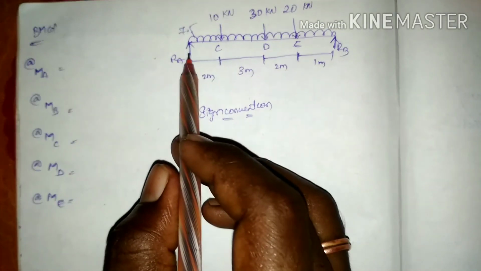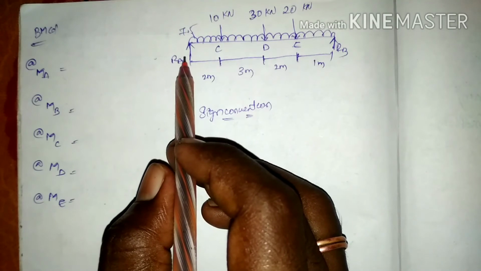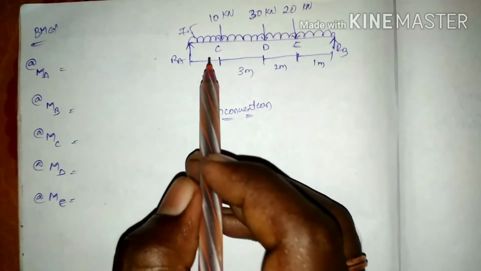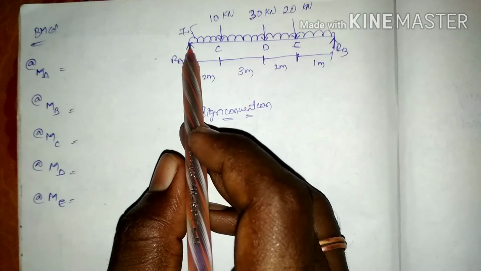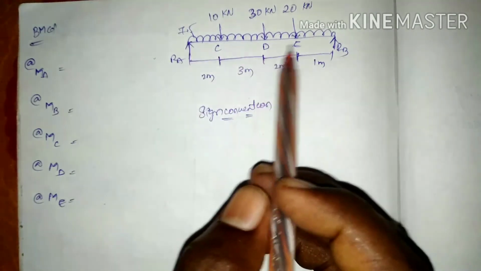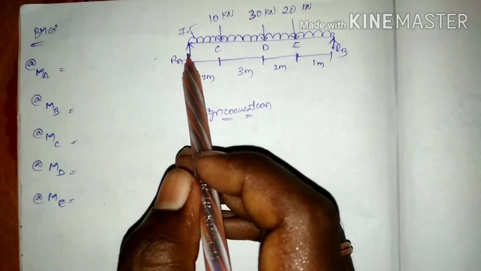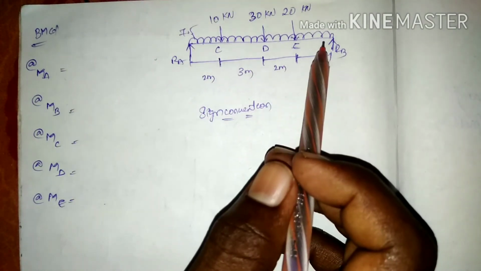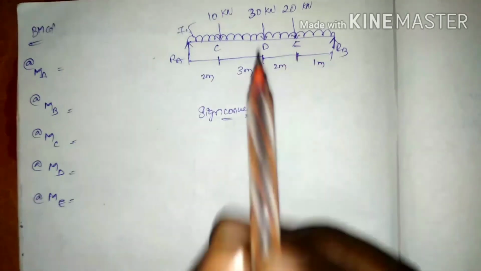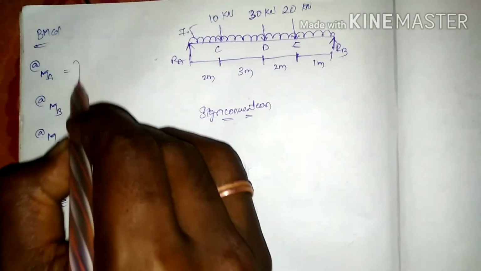Here we don't have values for moment about A and moment about B, because there are no perpendicular distances to multiply with RA when we take the moment about A, and no perpendicular distances for RB when we take the moment about B, so this is going to be 0.